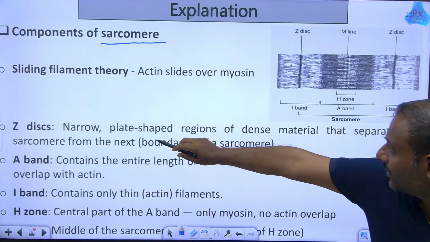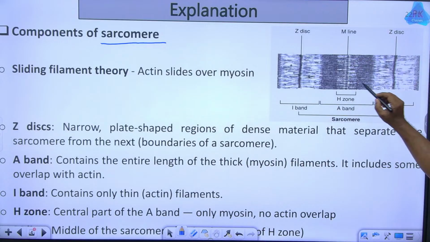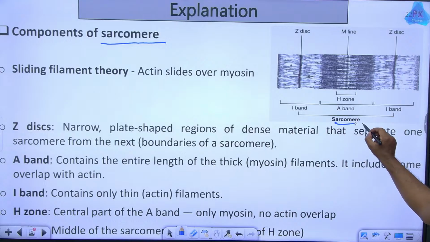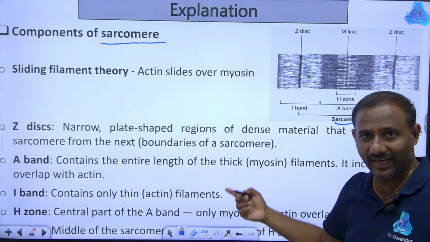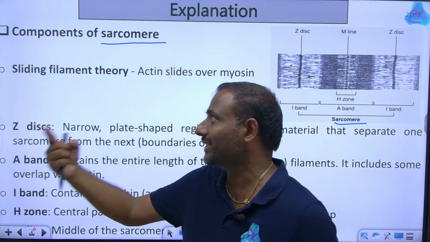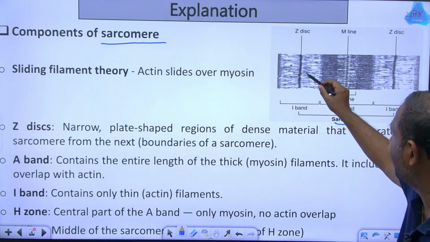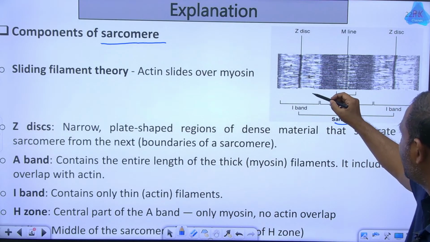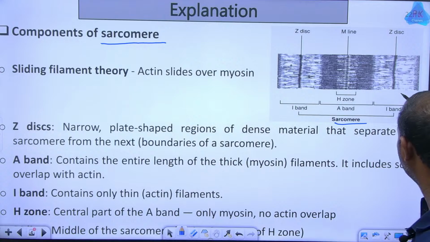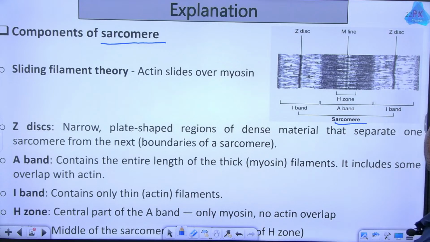The first is Z disc or Z band. This represents one sarcomere, the repetitive structural unit present in the myofibril. These are the narrow plate shaped dense material that separate one sarcomere from the next sarcomere.